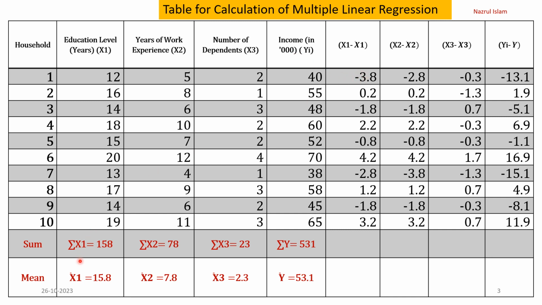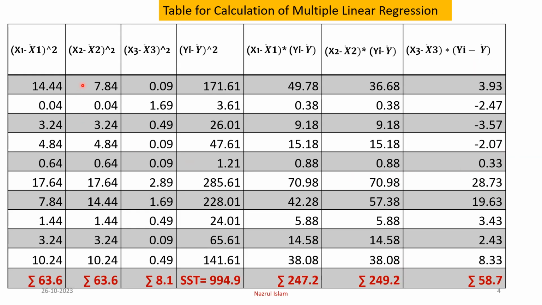So we will determine the summation of all the independent and dependent variables as well as the mean of these variables. Then we will determine x1 minus bar x1, x2 minus bar x2, x3 minus bar x3, and y minus bar y, where bar y is the mean of y. Next, we will define the deviation square of all the independent as well as the dependent variables.